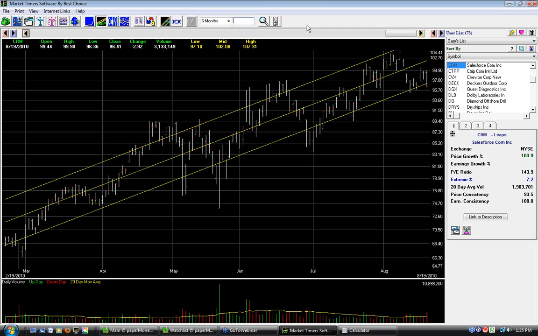One of the things I like to do, and it's important to remember, Best Choice is a phenomenal setup tool to know what to historically expect a stock to move, based on their seasonal charts. We use the linear regression lines to verify whether the stock is overbought or oversold. In today's economic climate, I generally like to use 6-month charts, but I'll look at different time frames as well.